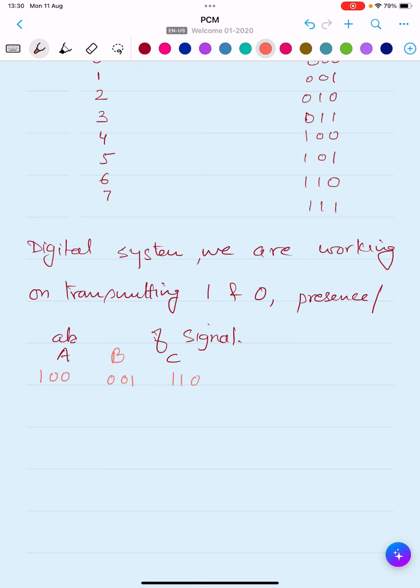So we are transmitting these 3 signals, or we can say pulses, and there is a time slot allocated to each bit.